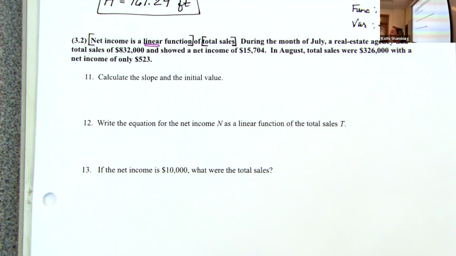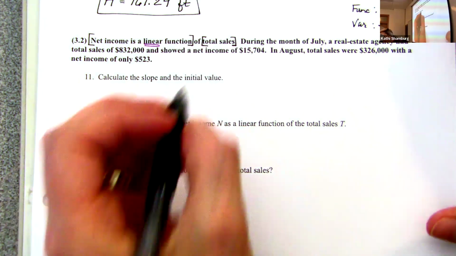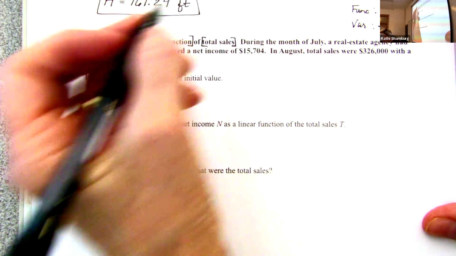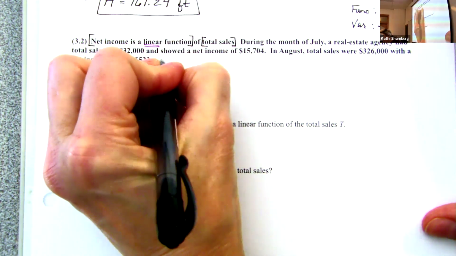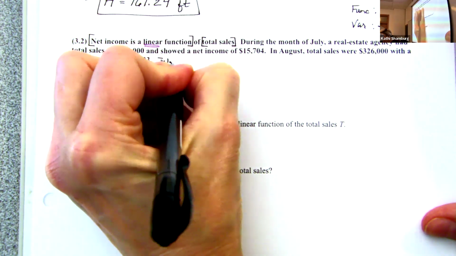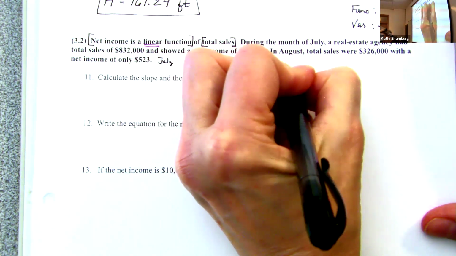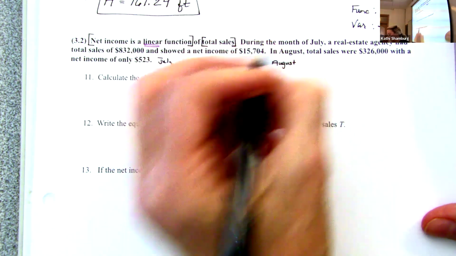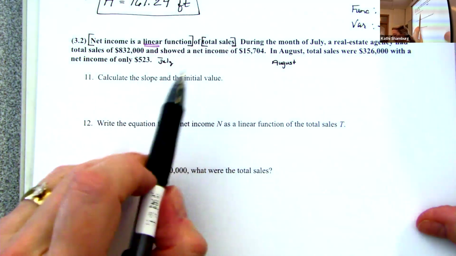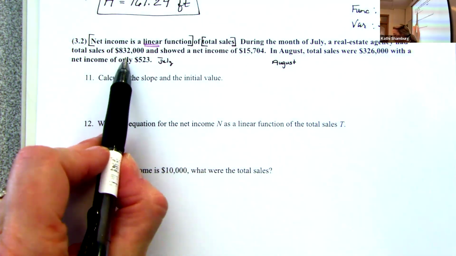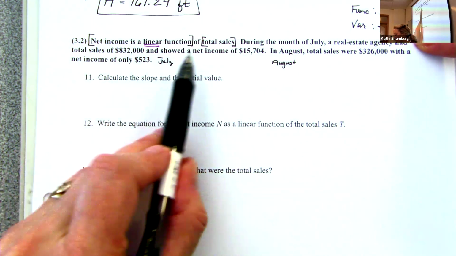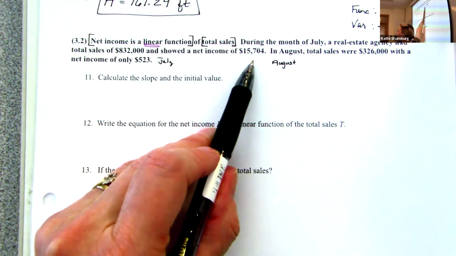No, we'll have to find that. They didn't give it to us. What is the function in variables? What are those numbers called? Because they're giving us information for July, and then they're giving us information about August. For July, they are giving us a total sales number and a net income number.